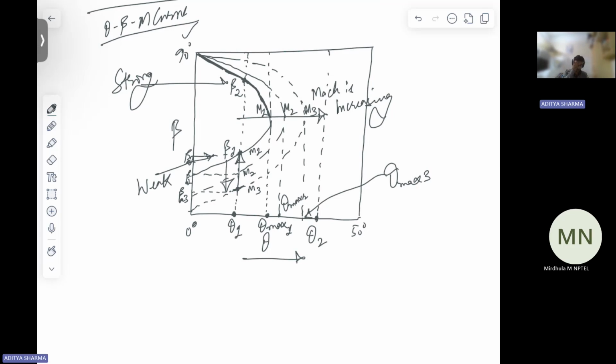On your y-axis you have beta and on your x-axis you have theta, and this kind of curve you get. If you see this diagram, you can see that for a single deflection angle, you have two solutions of beta. One corresponds to the weak oblique shock and one corresponds to the strong oblique shock.